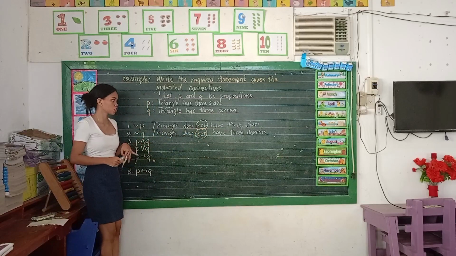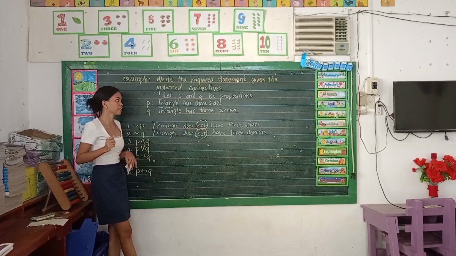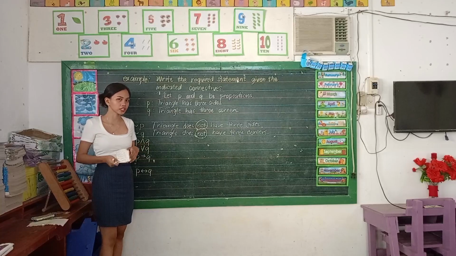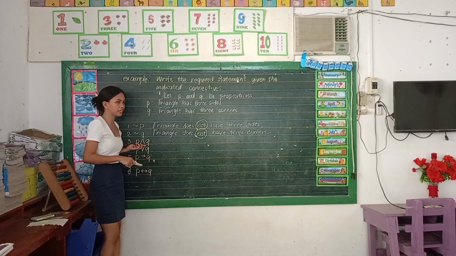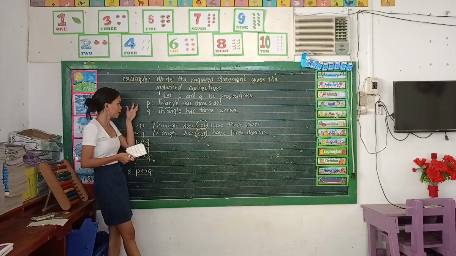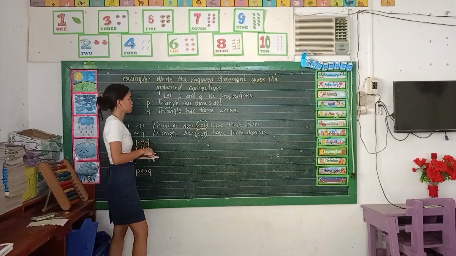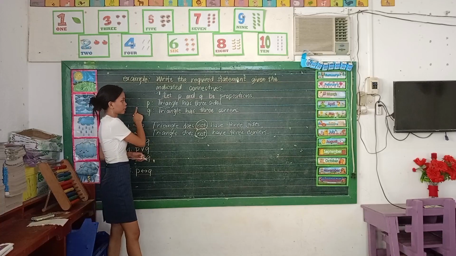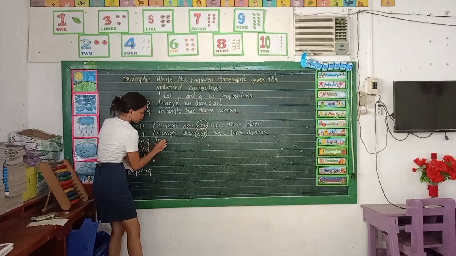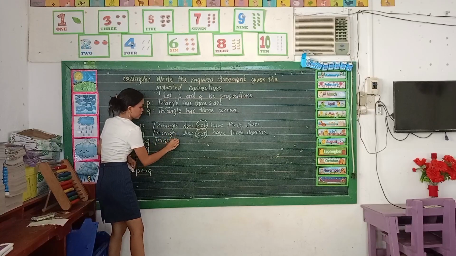Next, we are going to combine the two propositions using conjunction. In conjunction, the symbol, the inverted V, means and. So we combine the two: P and Q. Given that statement P is the triangle has three sides, we combine it with statement Q, the triangle has three corners.